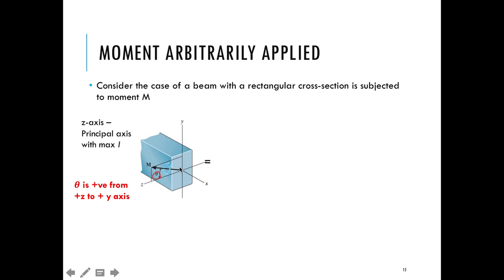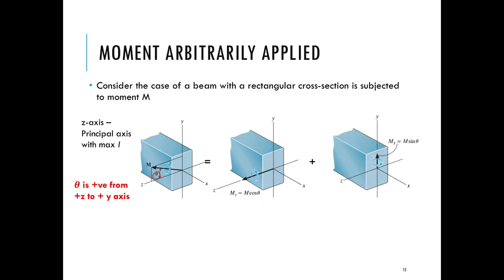If I draw out the individual components, I get my Mz, the resolution of this vector along the z-axis, equal to M, the magnitude of the applied bending moment, times cos theta, because it corresponds to the base of the triangle. So Mz is given by M cos theta, and the y component My is given by M sin theta, which corresponds to the height of the triangle. So it's straightforward vector resolution, or in other words, if I add these two components by the head-to-tail rule, I get my net applied bending moment.